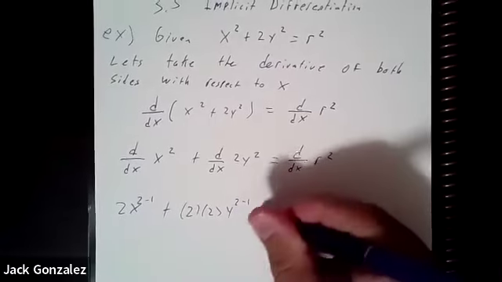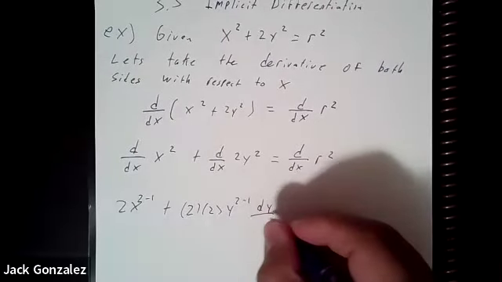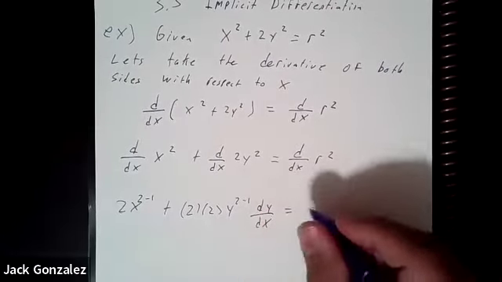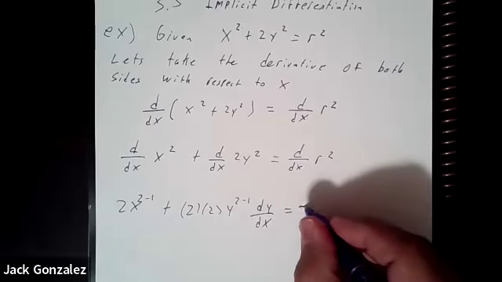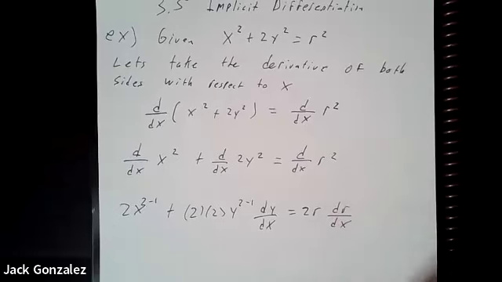The only difference is you have to add an implicit piece: derivative of y with respect to x, derivative of r with respect to x.